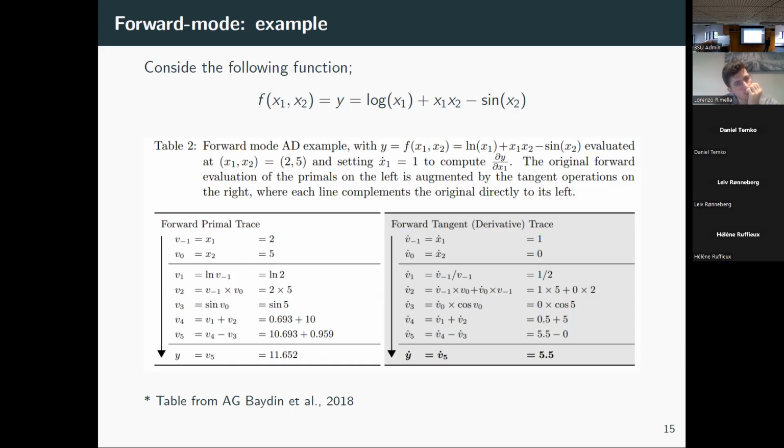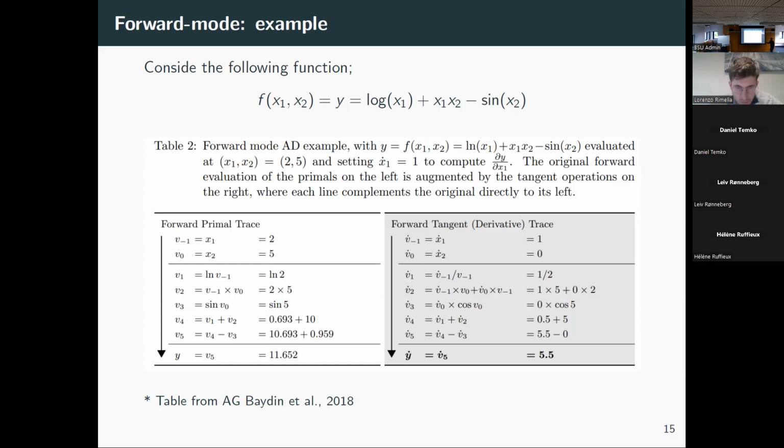Generally, the important thing to remember about forward mode derivative is that each pass takes the derivative with respect to one input. The other one, x2, is assumed constant. So if you want to take the derivative with respect to both, which we want, we need two passes.